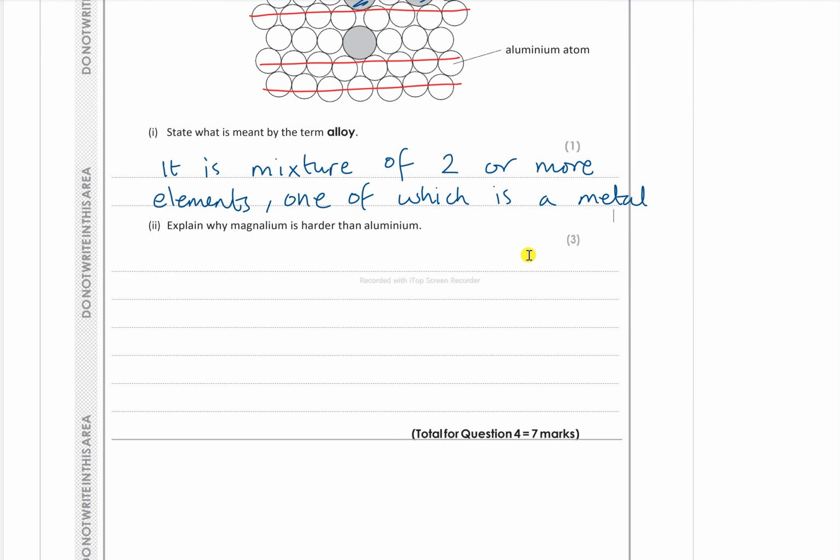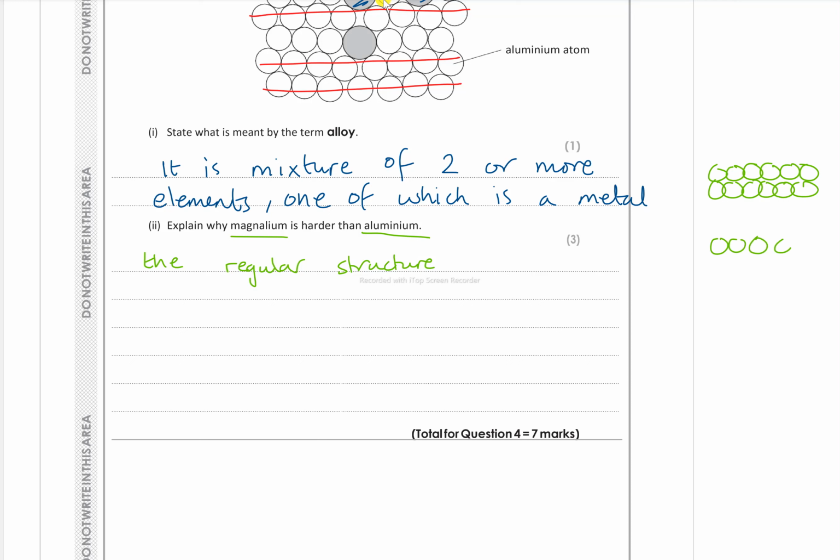Right, okay, 3 marker. We want to find out why magnesium is harder than aluminium on its own. So remember what we said, the regular structure in the layer of atoms that you have normally like this, that's disrupted.